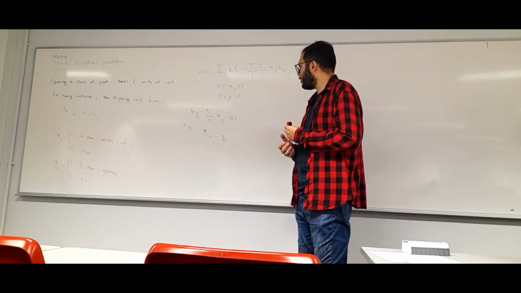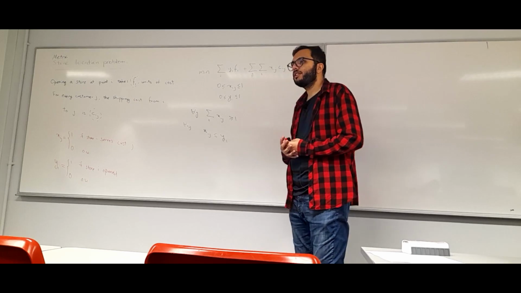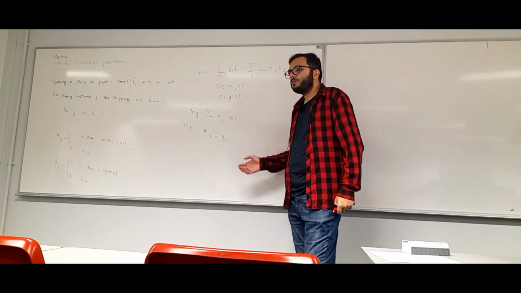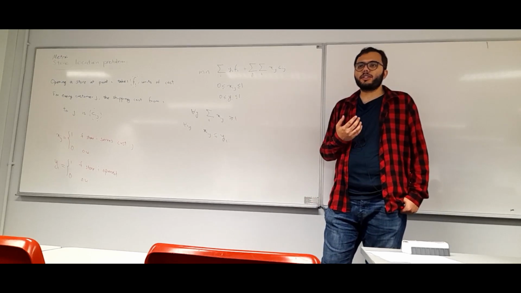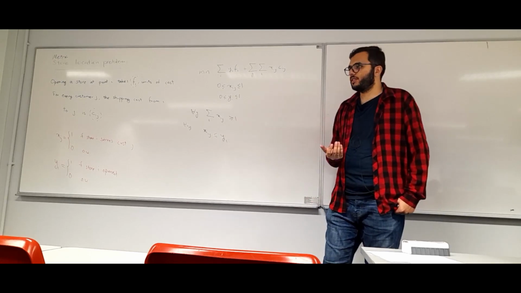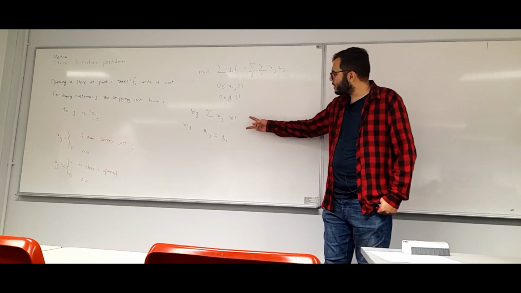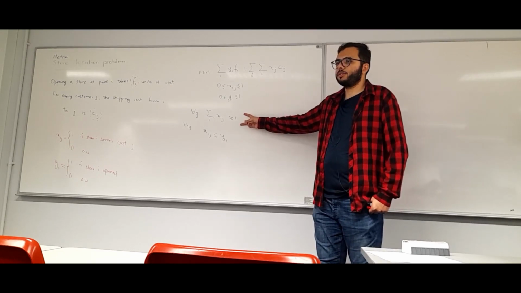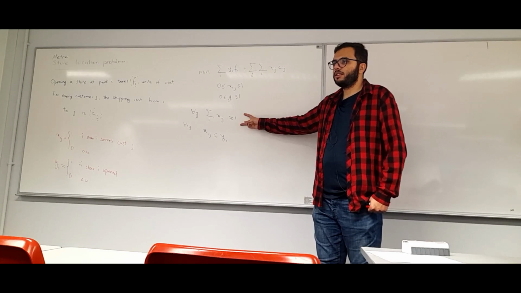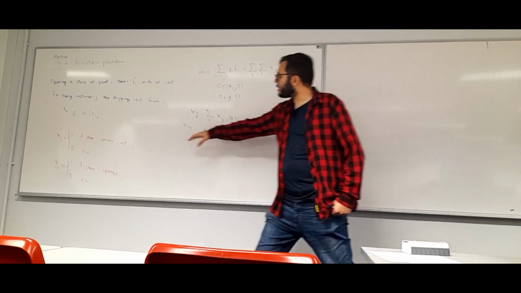But first of all, I want to ask you a very trivial question. In the optimum solution to this LP, is it possible that a customer gets more than 1 unit of service? So is it possible that this sum is strictly more than 1 for a particular customer? Oh, and we're also assuming that these costs are not 0.